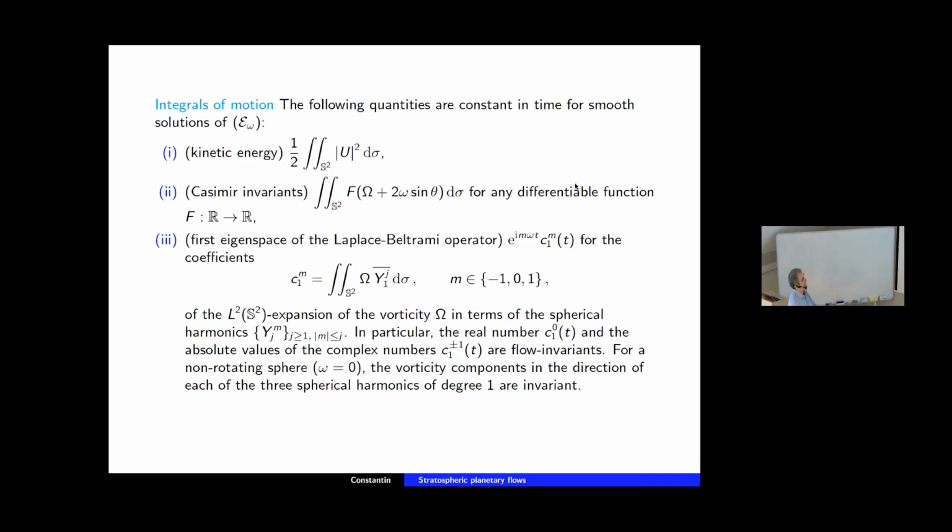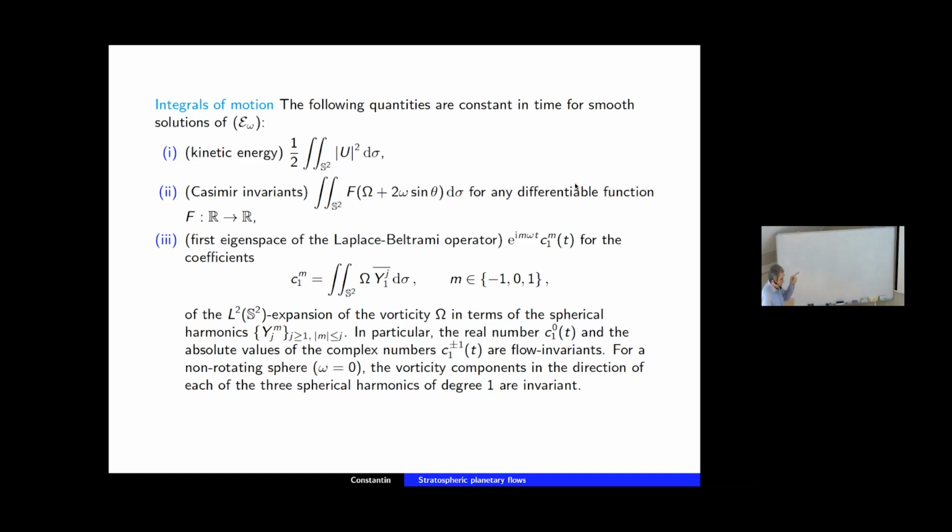These are the coefficients when I expand, and we define these coefficients in this way. This is the standard scalar product. What happens is that this quantity is preserved. In particular, when omega is 0, you have 3 invariants. When you have rotation, it's just the one with m equals 0 that is invariant, but for the others, it's the absolute value that is invariant.